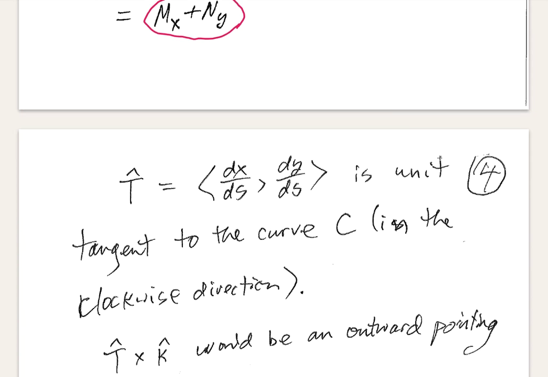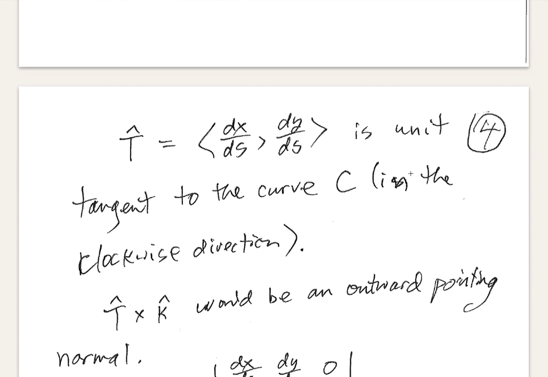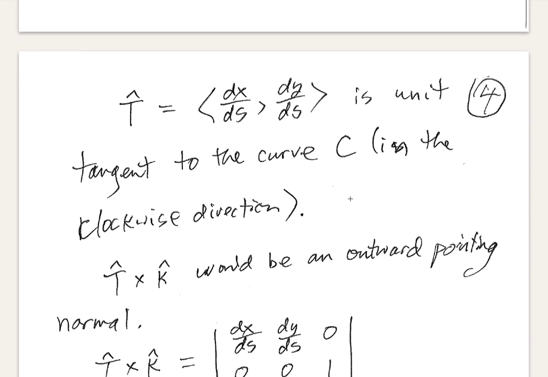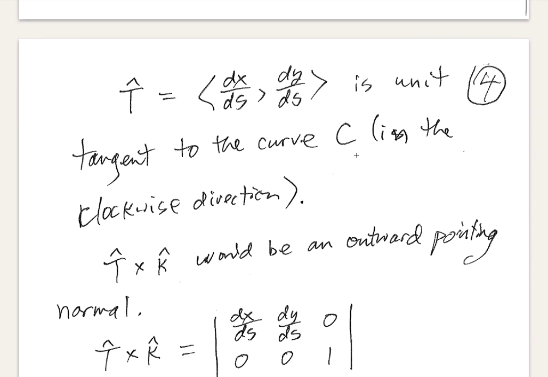Now, before I write something else here, let's consider this. If I've got this curve C in the counterclockwise direction, dx over ds, dy over ds, that was our unit tangent vector. Remember that?